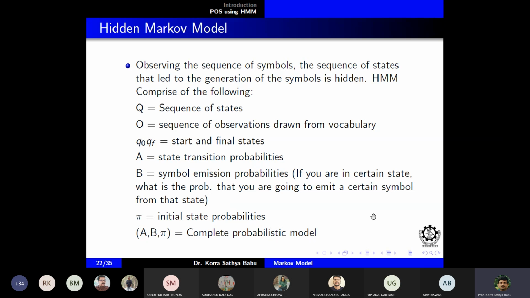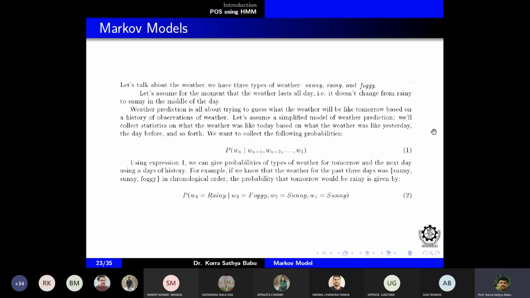That's why an HMM is represented as a complete probabilistic model. A is the state transition probabilities, B is the emission probabilities, and pi is the initial state probabilities. So let us see this with an example.